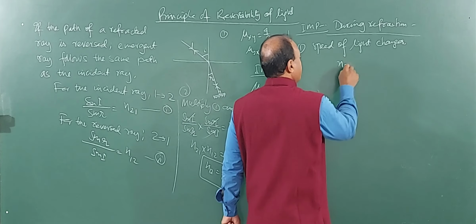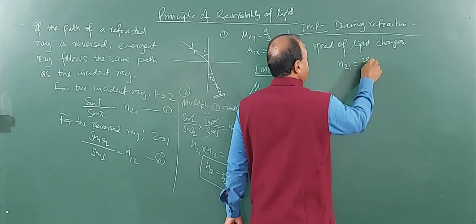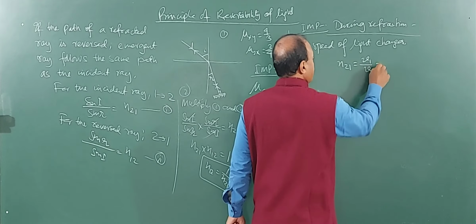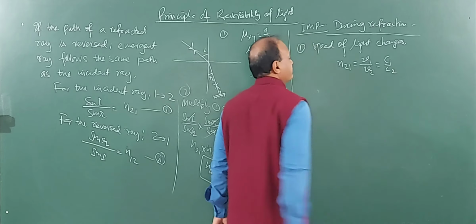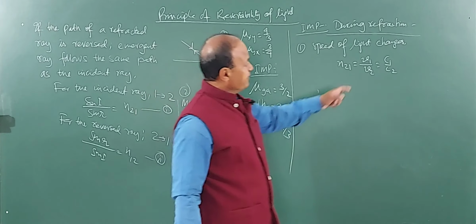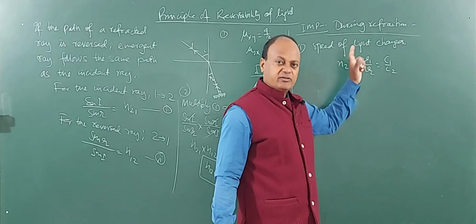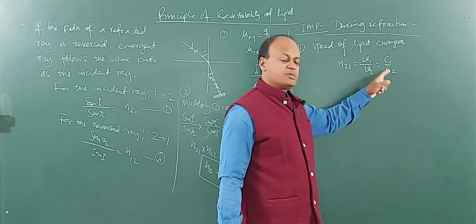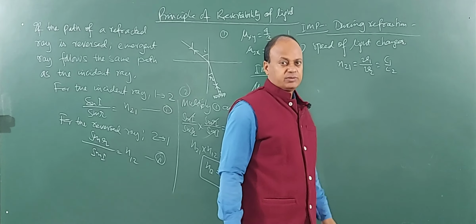Refractive index of 2 with respect to 1 is velocity in medium 1 divided by velocity in medium 2. You can also write C1 by C2, where C1 is speed of light, same as V1, in medium 1, and C2 and V2 are speeds of light in medium 2. Clear?